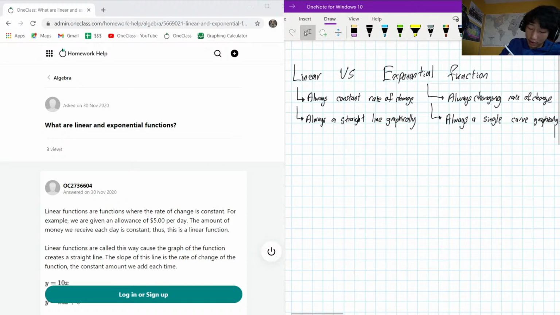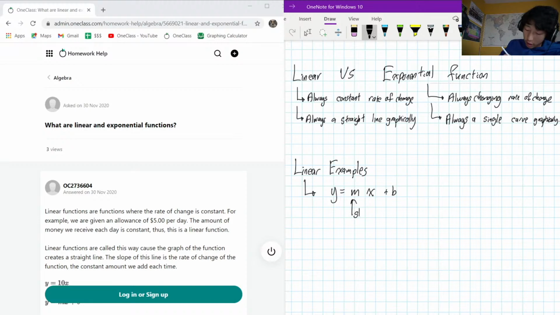Okay, so let's do some linear examples. Your equation general form is going to look like this. Y equals mx plus b. Y is just your y value. M is going to be the slope. B is going to be your y-intercept.